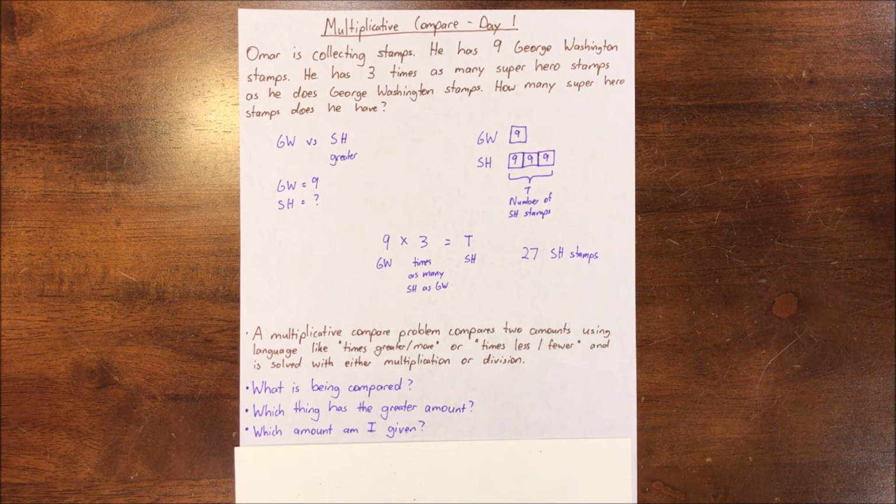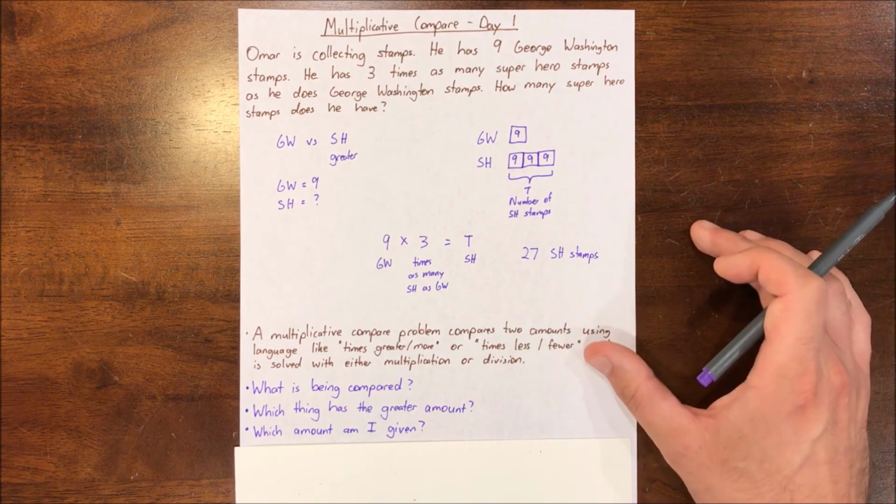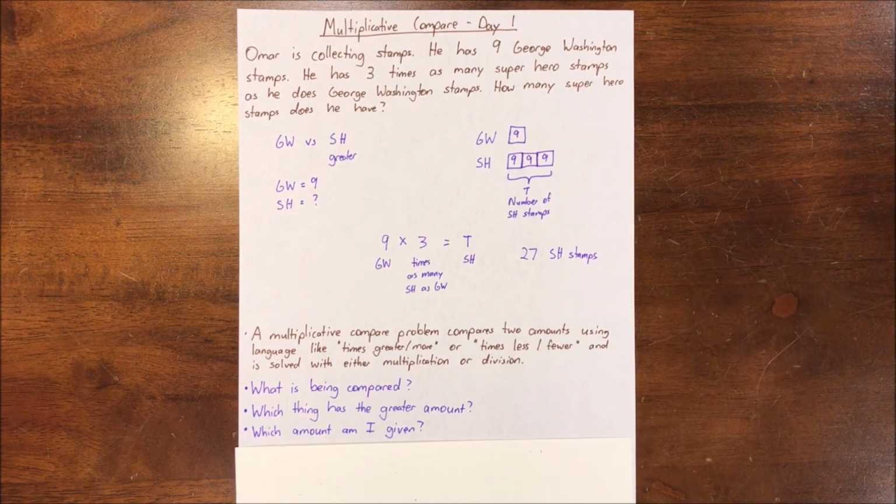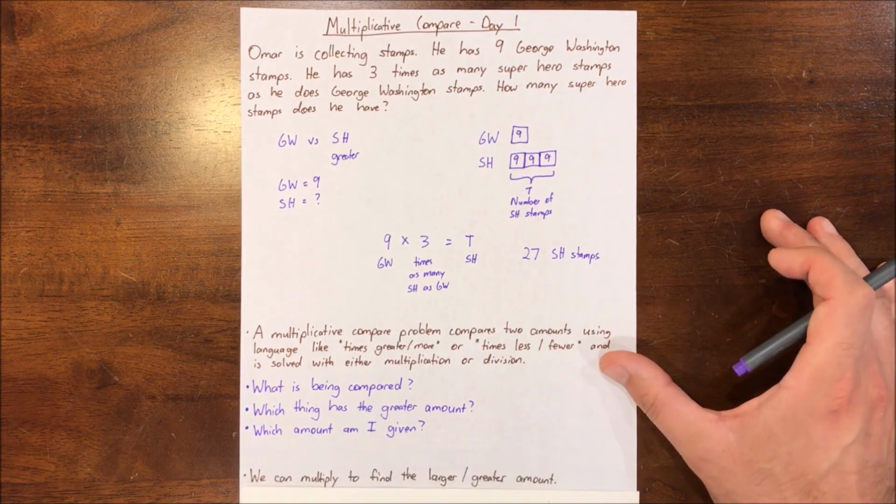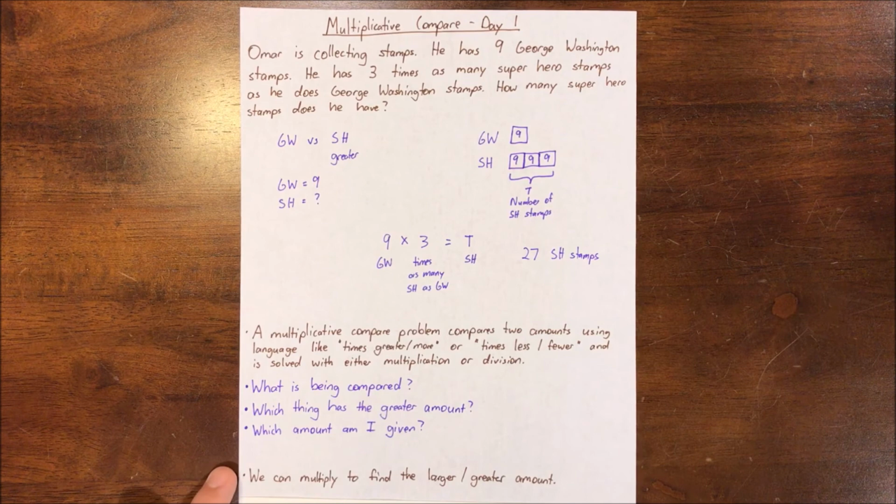So we had to make the 9 George Washington stamps 3 times bigger to find the number of superhero stamps. Interesting. So we multiplied because the amount that was unknown was greater than the amount we were given. I'm going to put that right here in the bottom of our visual anchor. Right? We can multiply to find the larger or greater amount.